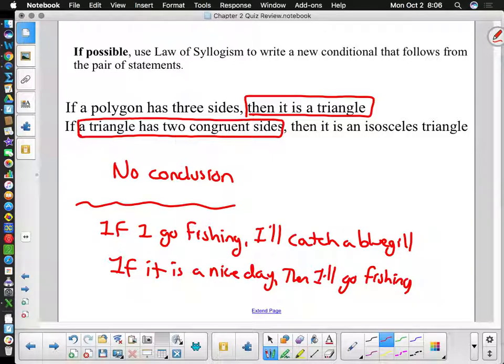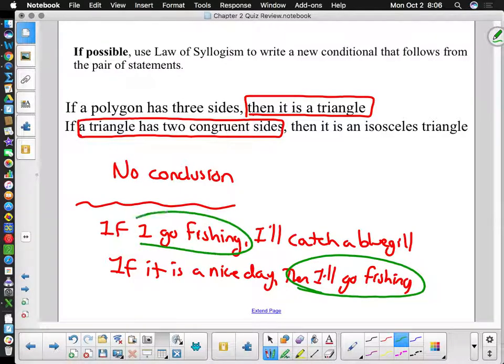Sometimes when you're presented with the information, we have to read the bottom one first and then the top one. So look to see if the chain of events happens top to bottom or bottom to top in the two sentences. Either way. Because you'll note, then I'll go fishing. The conclusion here is exactly I go fishing, the same as the hypothesis there. So my chain starts here. There's the start.